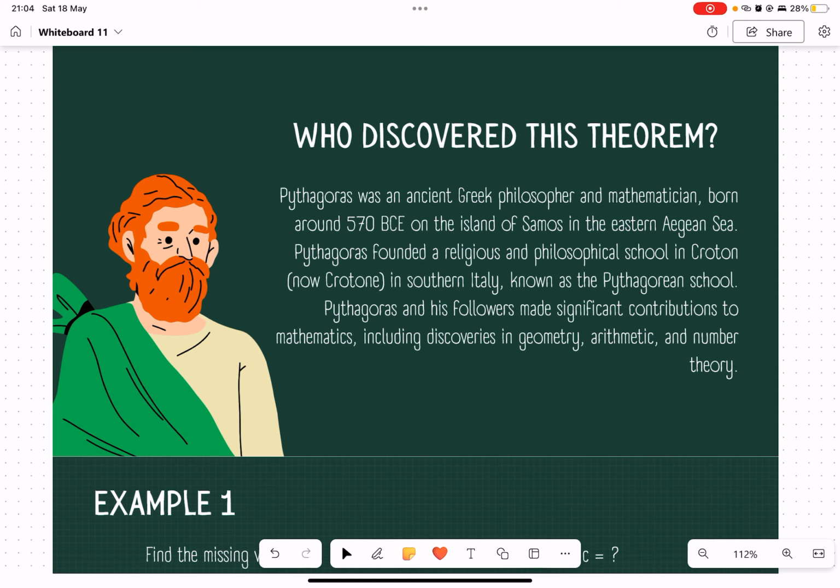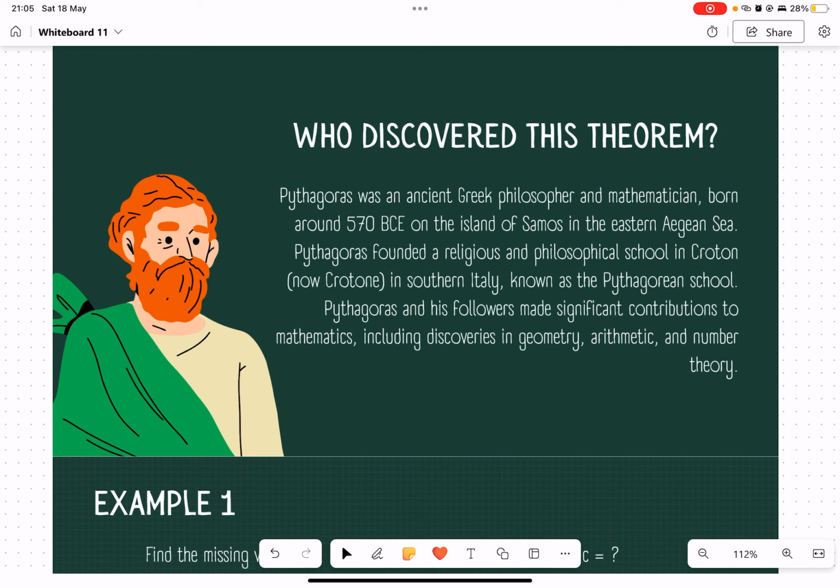Learners, you may wonder who discovered this theorem. So I included a short summary of the history of the theorem of Pythagoras. Pythagoras was an ancient Greek philosopher and mathematician born around 570 BCE on the island of Samos in the eastern Aegean Sea.